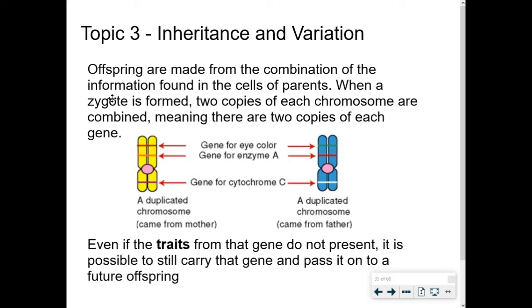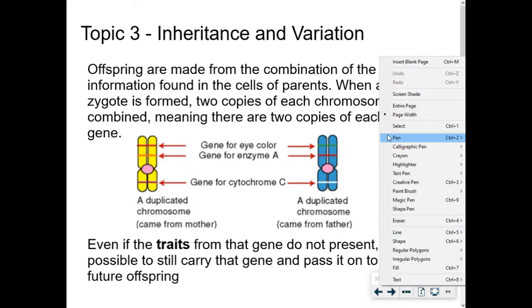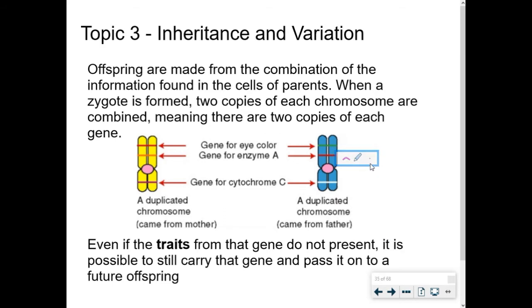Okay, but let's just discuss the terminology one more time here. Here is a good picture that I found online. Here's a chromosome that you got from, say, your mom. Here is a chromosome that you got from, say, your dad. And this would be the locus where the gene for eye color shows up. Now, let's just pretend that the colors are what they are.